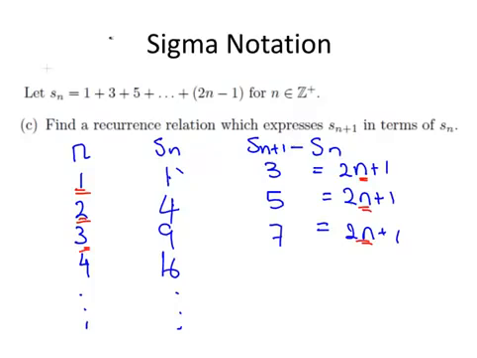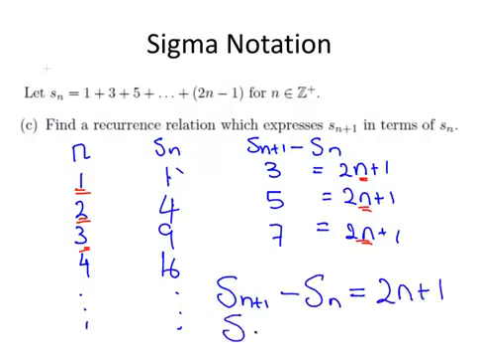So S of n plus 1 minus S of n equals 2n plus 1. Rearranging that, S of n plus 1 equals S of n plus 2n plus 1. And that is how we would answer this question.